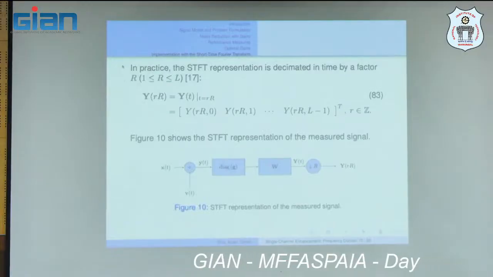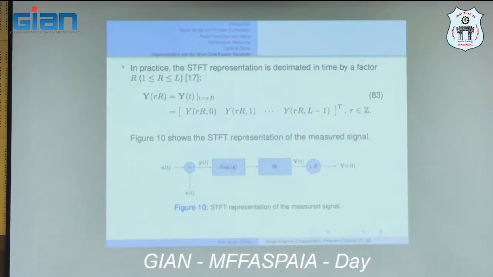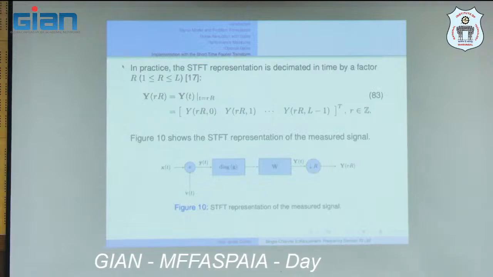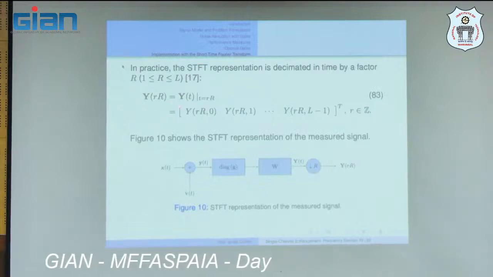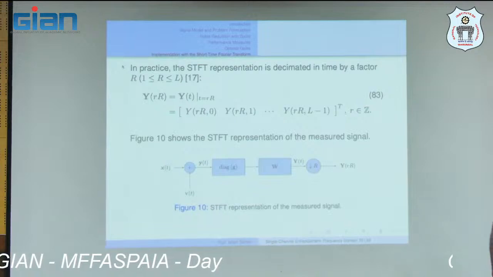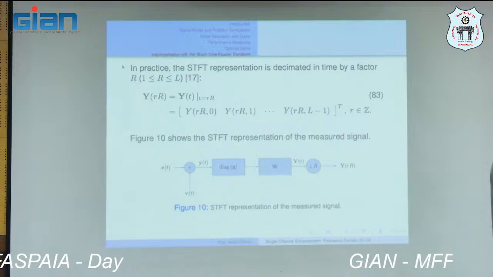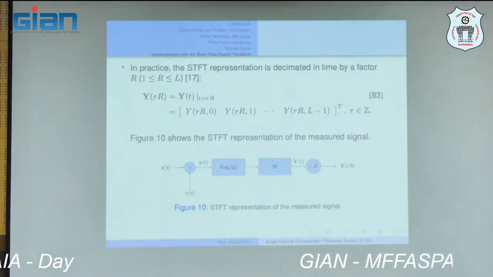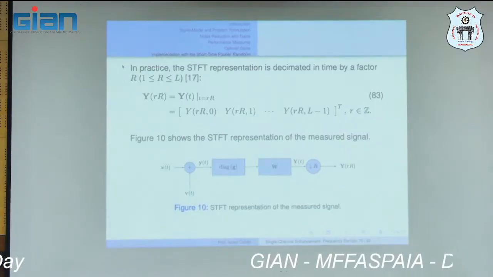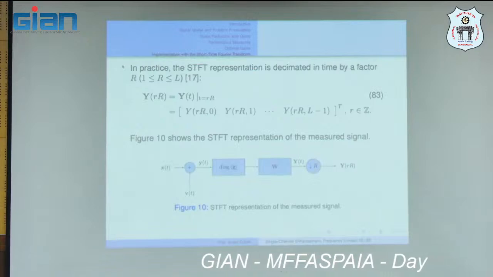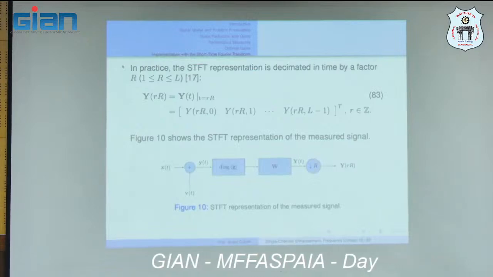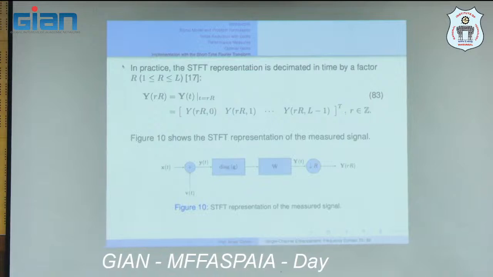And the index of the window will be R. So we can say, okay, it doesn't have to be causal now, even though we marked it here, but the index here will be R equals 1.